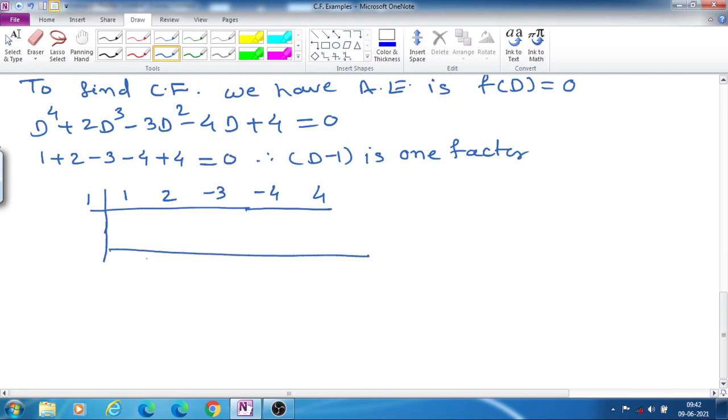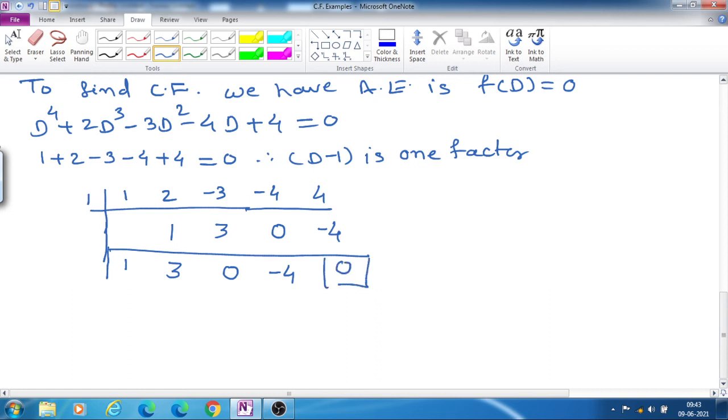First this 1 is written as it is, then 1 into 1 is 1, addition of 2 plus 1 is 3, 1 into 3 is 3, addition −3 plus 3 is 0, then 1 into 0 is 0, addition is −4, then 1 into −4 is −4, and this addition 4 minus 4 is 0.